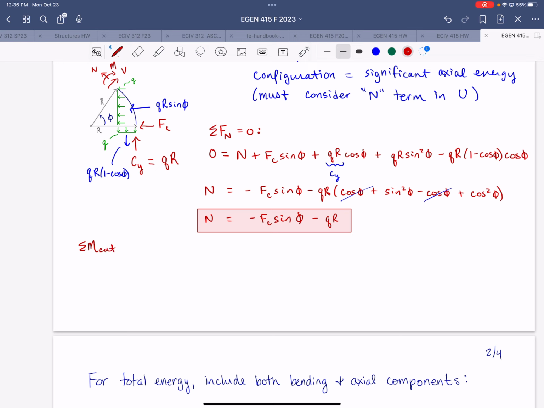And then next we'll sum moments about the cut to get an expression for the internal moment. So we have 0 is equal to M, or that'll be negative M. I'm going to take positive counterclockwise, I guess. So negative M minus FC times R sine phi.